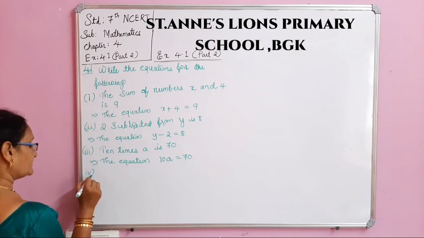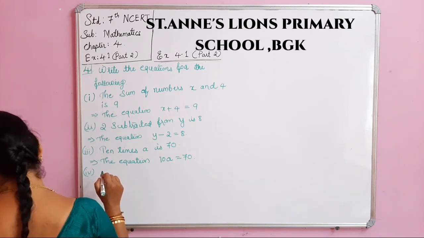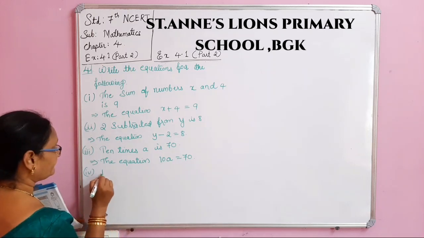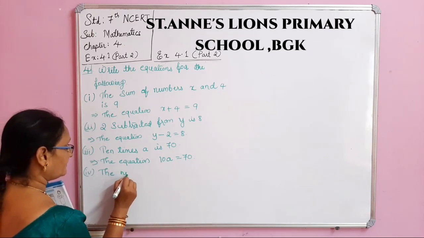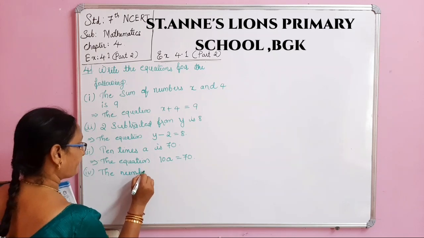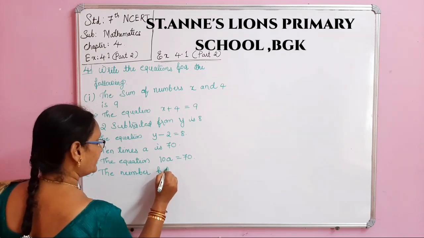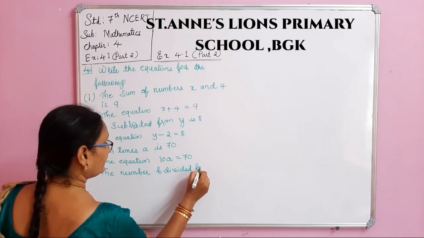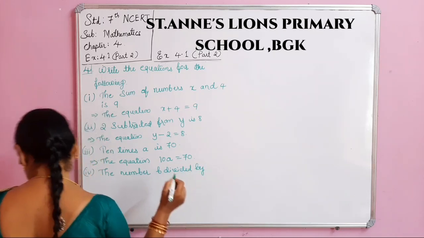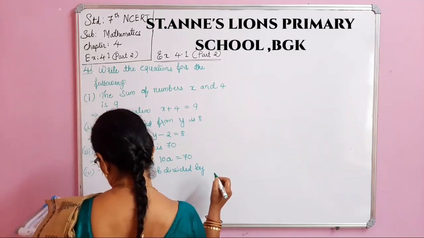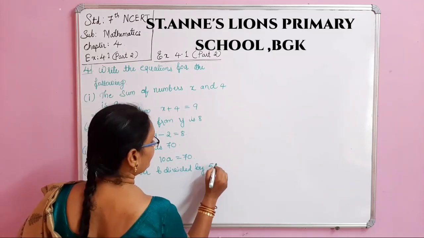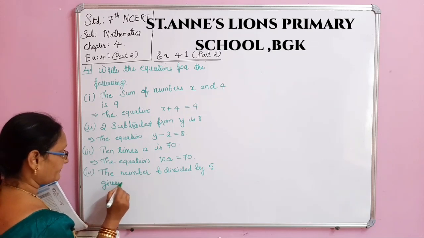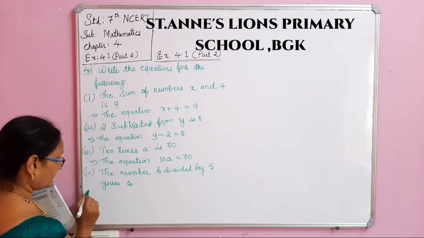Next, the fourth one, the number b divided by 5 gives 6.